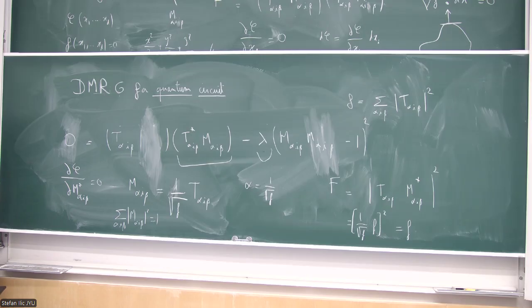Okay, so to summarize, we sweep over the different tensors. Each time we put the canonical center, the orthogonal center, there by doing some QR. Then we contract everything but the tensor we want to optimize. And that's it.